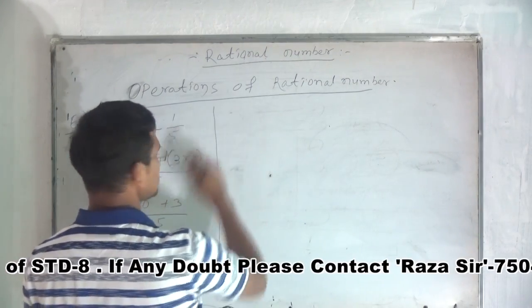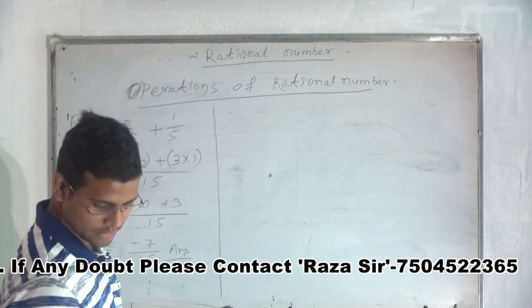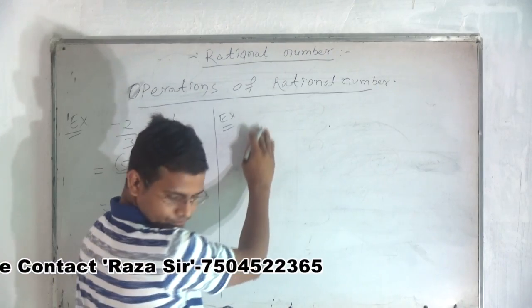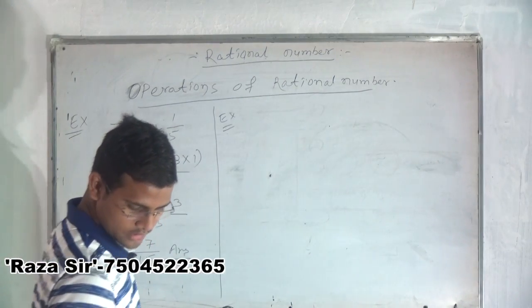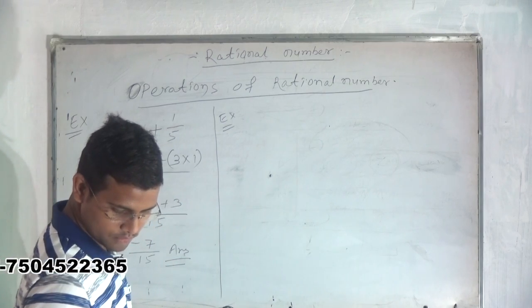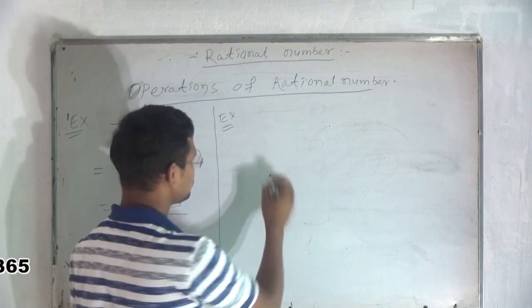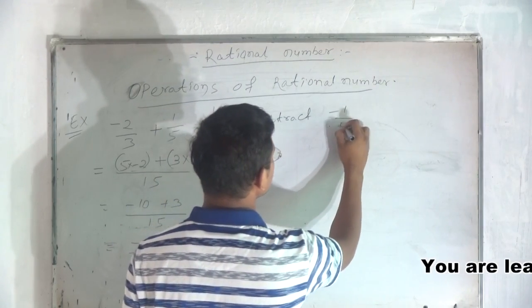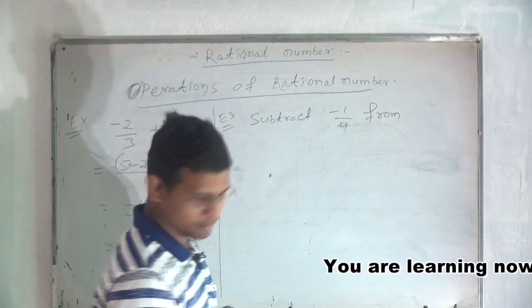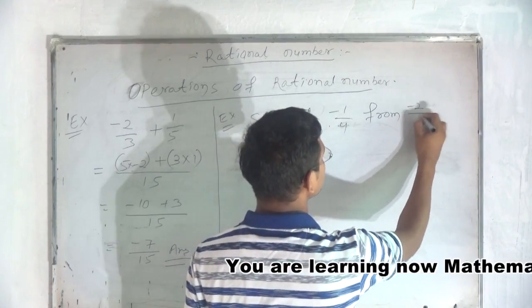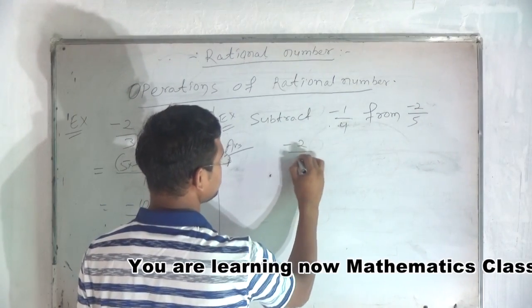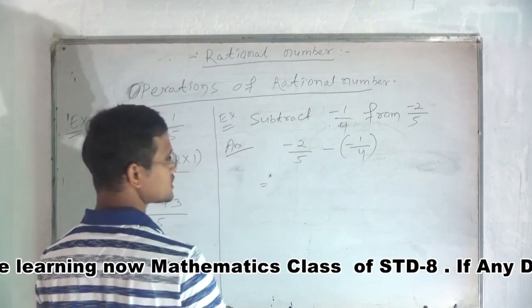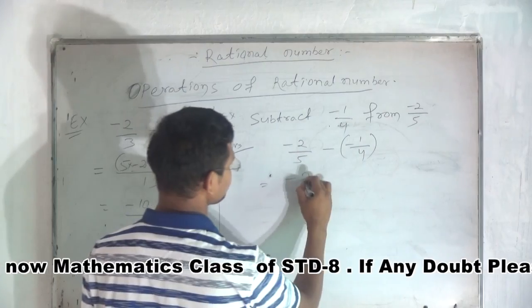Another, come to subtraction of rational numbers. How to subtract rational numbers? Take an example. Question is, subtract minus 1 by 4 from minus 2 by 5. Minus 2 by 5 minus of minus 1 by 4. First, open the brackets.